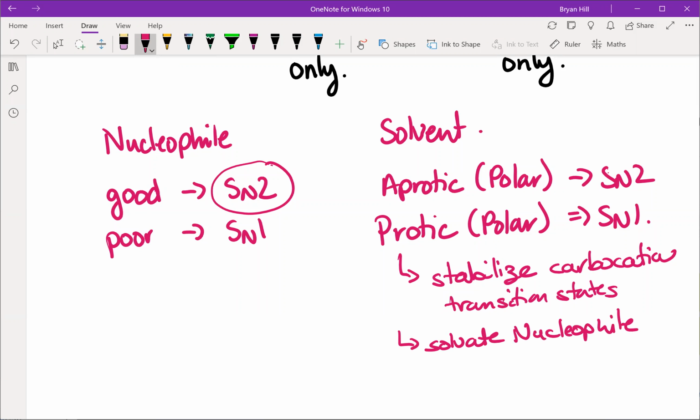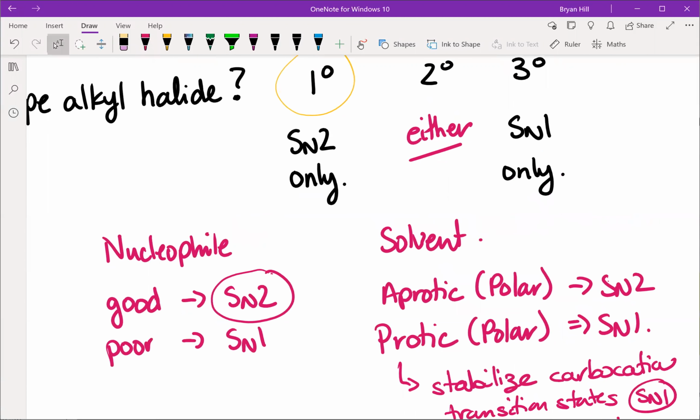This is going to reduce the rate of an SN2 reaction, right? If the nucleophile is solvated, it can't attack. So if it solvates a nucleophile, this is going to reduce the rate of an SN2. Stabilizing the carbocation transition state is going to increase the rate of an SN1. So it's going to favor SN1 and reduce the rate of SN2. So when you've got a choice between either, look to the solvent and look to the nucleophile.